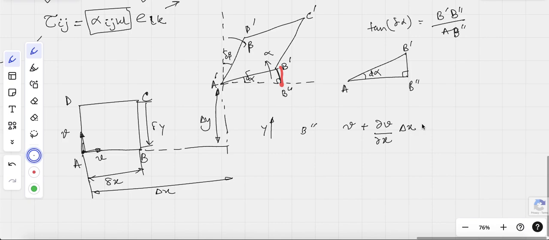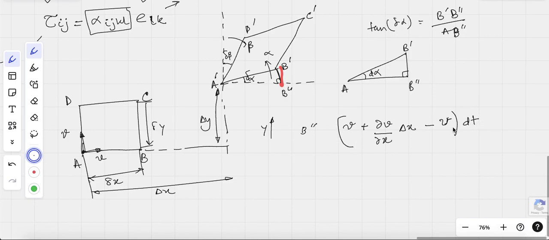This is the velocity of this point minus v, multiplied by delta t.